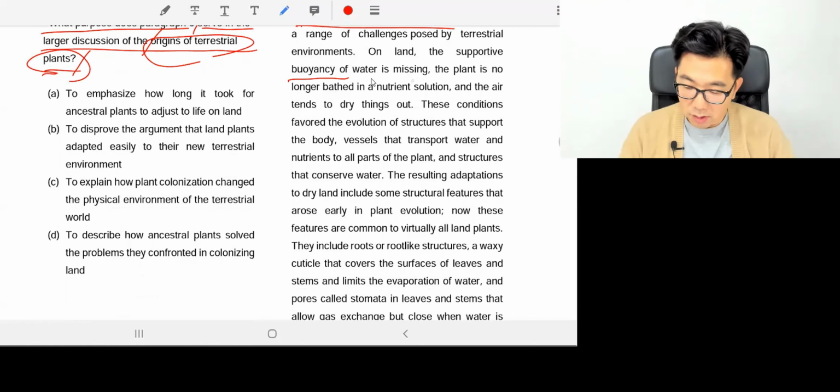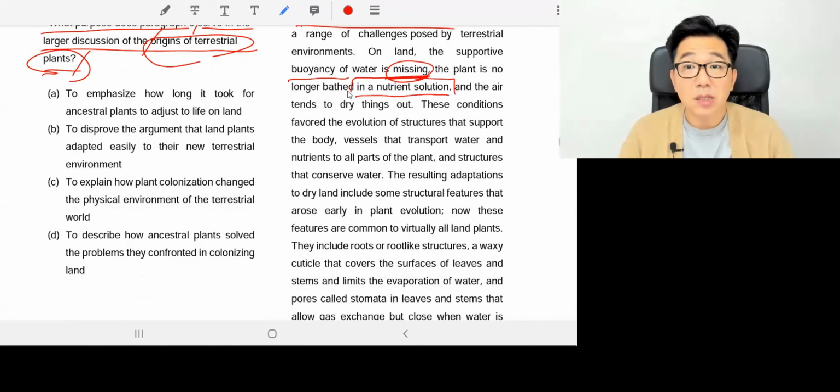Buoyancy is the ability to float in the water, like ducks, which have buoyancy in their bodies so they can float on the water. There's no buoyancy on land. The plant is no longer bathed in nutrient solution. Solution here means liquid. So the plant is on land, not in water that has a lot of nutrients. And the air tends to dry things out. So these are the challenges.